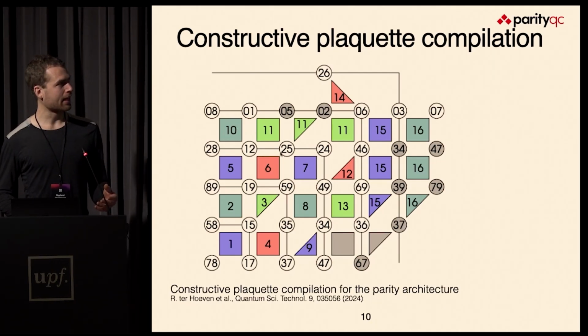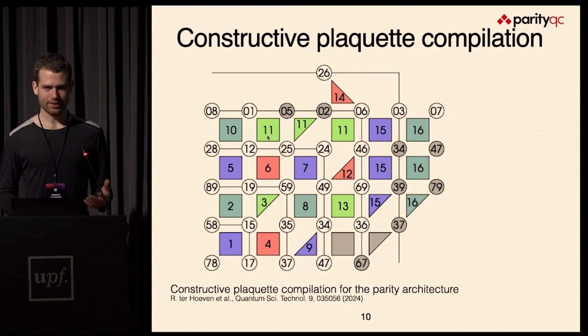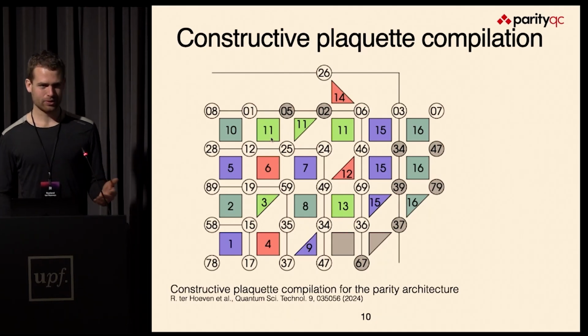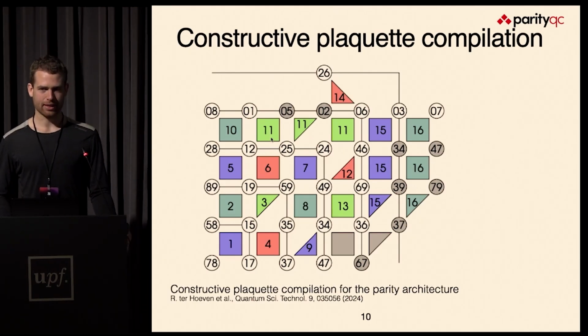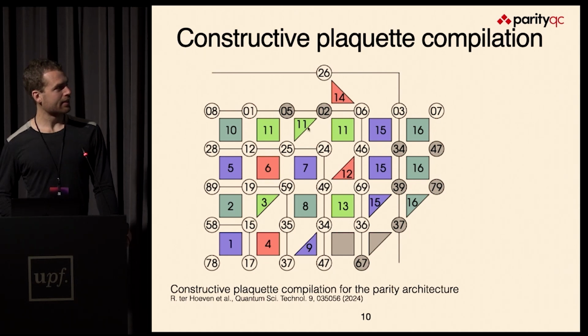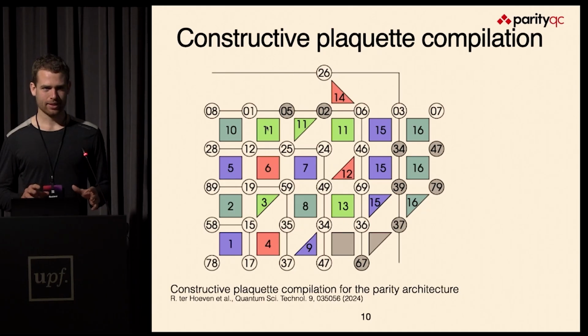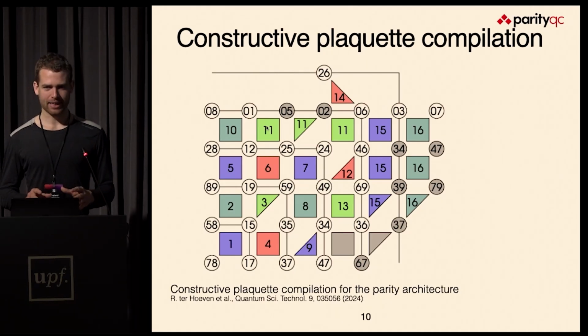But at some point you realize, okay, there's actually nothing that I could place here, because this 0.5 qubit is not part of the problem. So if I want to keep making progress, I cannot add anything directly. I need to use something else. And that is where the ancilla qubits come in. So actually this 11 series of plaquettes is implementing one useful plaquette in total.